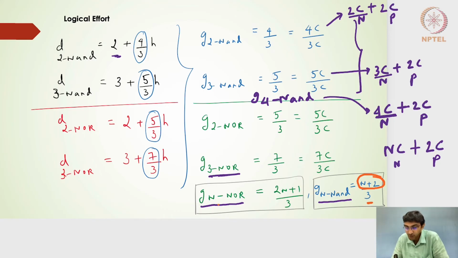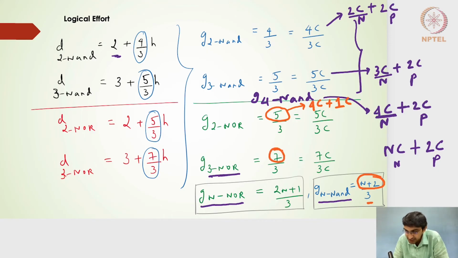So similarly, if I want to find out the logical effort for an n input NOR gate, if I pick this 5 by 3, the 5 by 3 is actually coming from 4 capacitance, because the width of the 2 input NOR gate, especially on the PMOS transistor, is 4. The width is 4, so its input capacitance will be 4C, and 1C coming from the NMOS side.